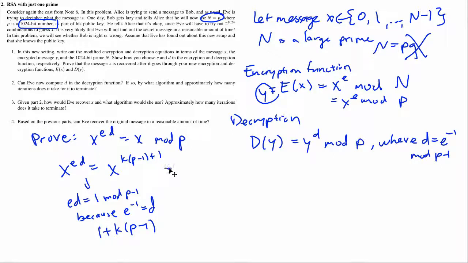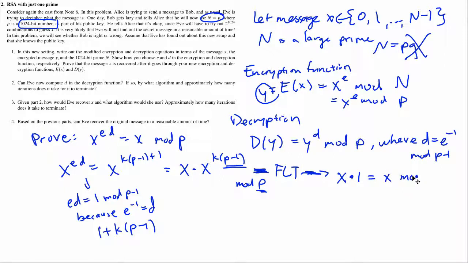So we're dealing with things regularly here. And then this is just equivalent to x times x to the k(p minus 1). Now, if we notice that this is a p minus 1, we can utilize mod p as p is prime to use Fermat's little theorem. So after applying Fermat's little theorem, sorry for the notation, we get x by itself, x times 1, which is equal to x mod p.